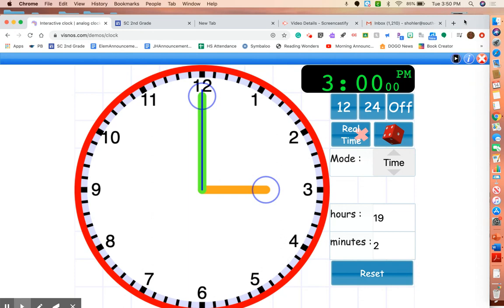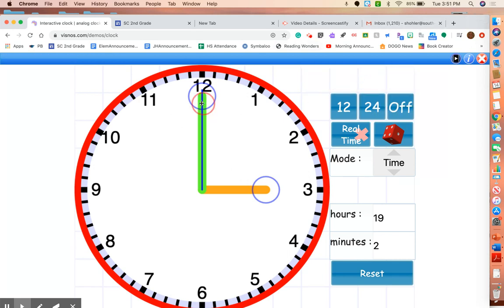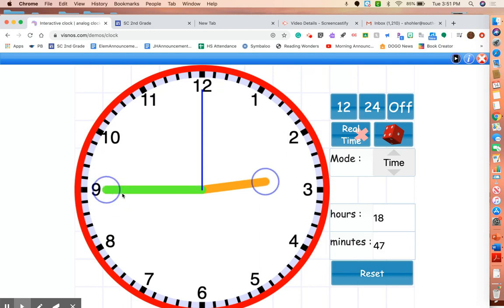Kind of quiz yourself, or say, hey, mom or dad or grandma or grandpa or whoever you're with, guess what? It's 2:45, or it also could be quarter to 3. And they would think, whew, you're pretty smart, and I like what you're learning.